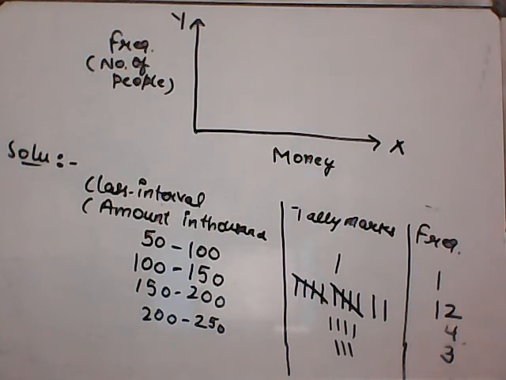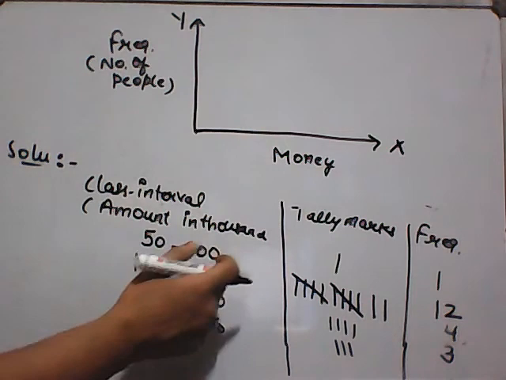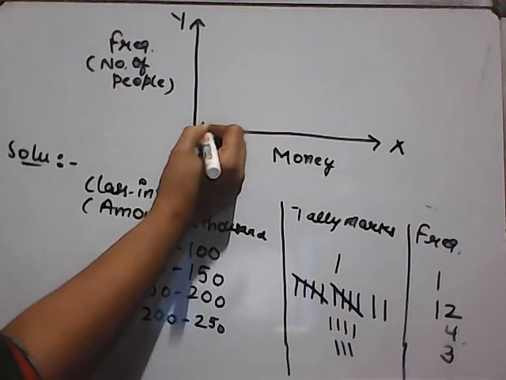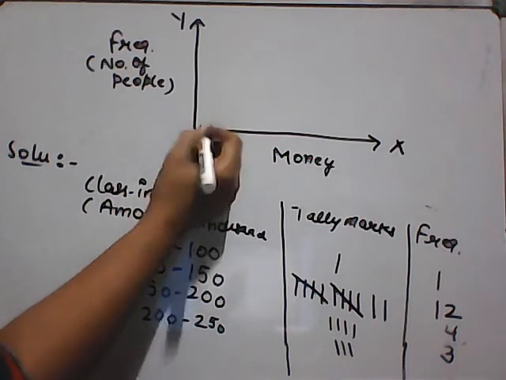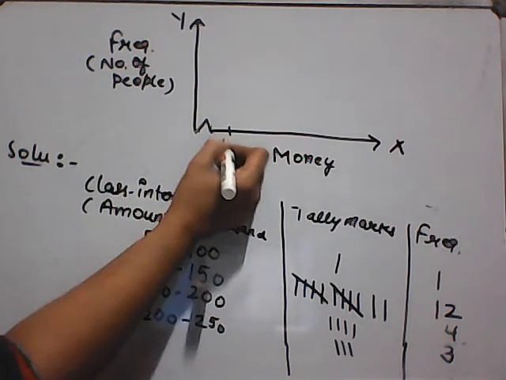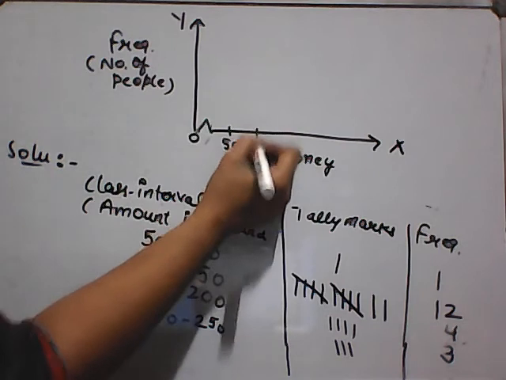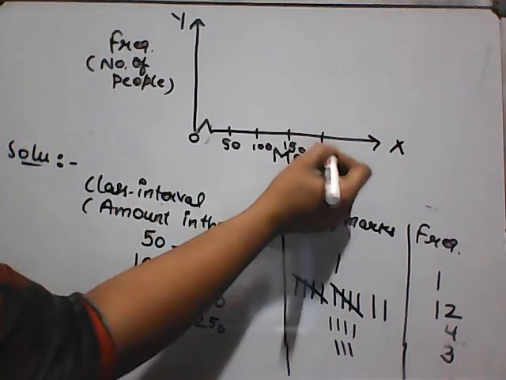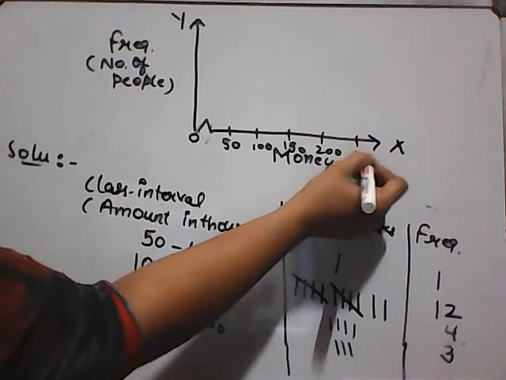Here the class intervals differ by 50, so you can mark 50, 100, 150, 200, 250 and so on.